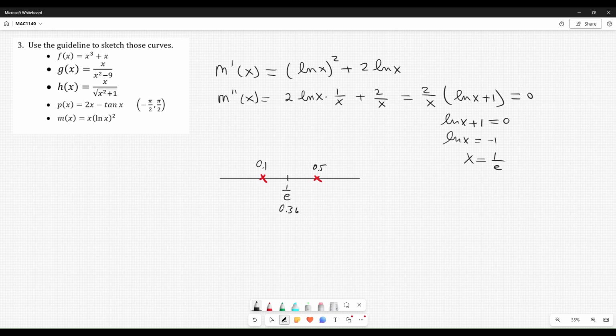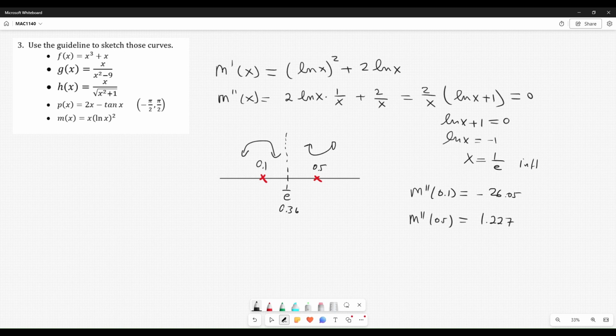Arbitrary. I'm plugging in the second derivative at 0.1, and the answer is negative 26.05. See, it's negative. I don't care about the value, I care about the sign. It's concave down. And the second derivative, evaluating at 0.5, is 1.227. It's concave up because it's positive. Now conclusion, this point is an inflection point.